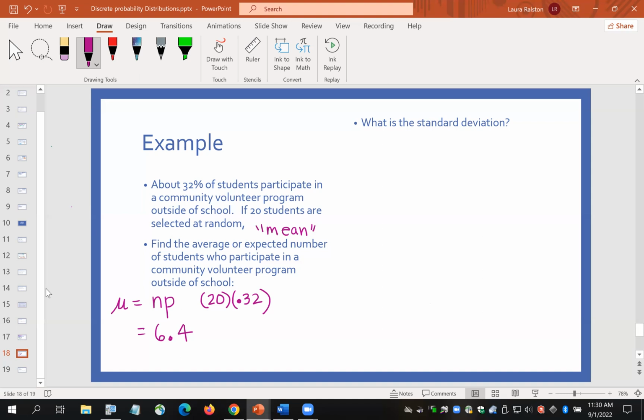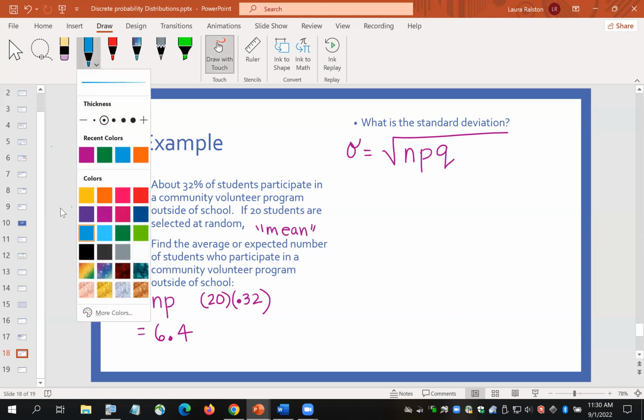For the standard deviation of a binomial, it is the square root of the sample size times the probability of success times the probability of failure.